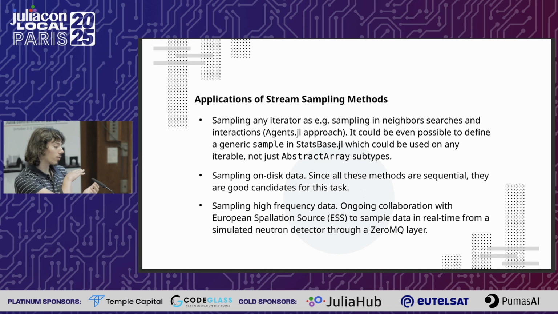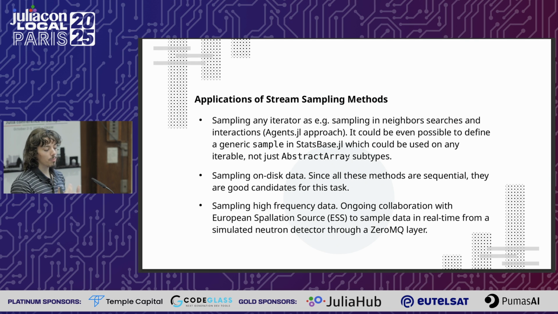Since these methods are all sequential, they work well in this case, because SSDs or other disks have much better performance in the sequential case than in the random access case.